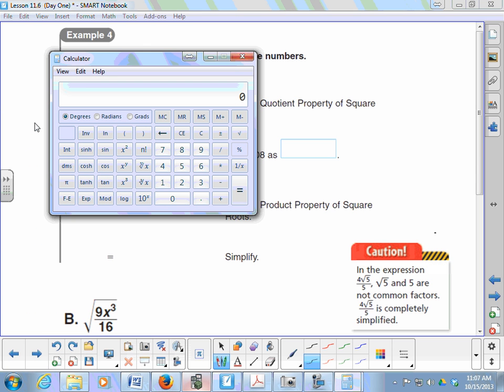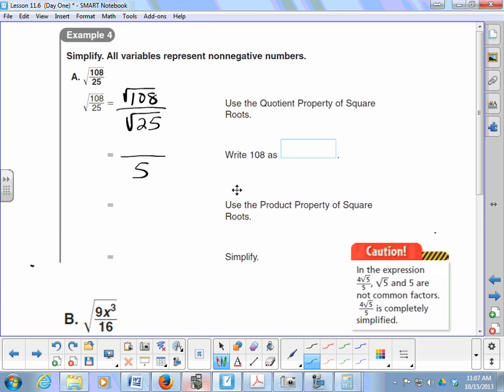Here we go. 108 divided by 2 is 54. Is 54 a square? Okay. 108 divided by 3. 36. Hey, that's a square, isn't it? Okay. So I can make this the square root of 36 times 3.